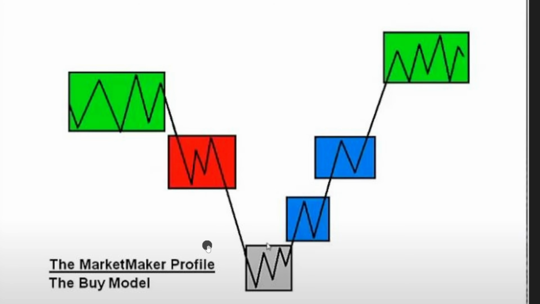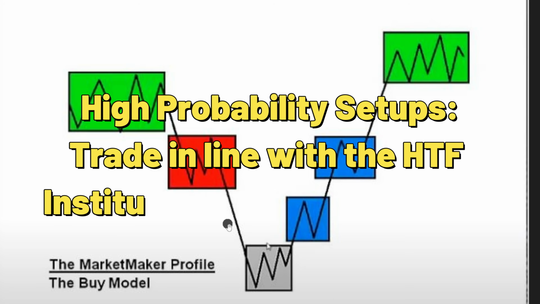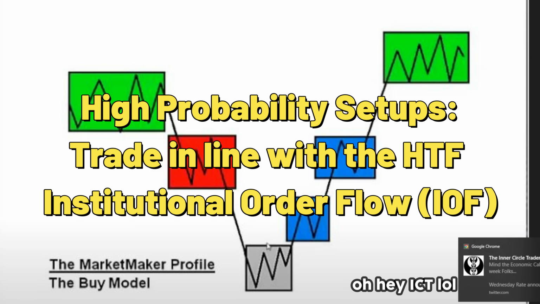But keep in mind, if you want to have high probability setups, you need to trade in line with the higher time frame bias. So if you see a market maker sell model on, for example, the daily, just like there is on the S&P and Nasdaq right now, you want to be looking for market maker sell models on the lower time frames, because that's the easiest, trading in line with the higher time frame order flow.